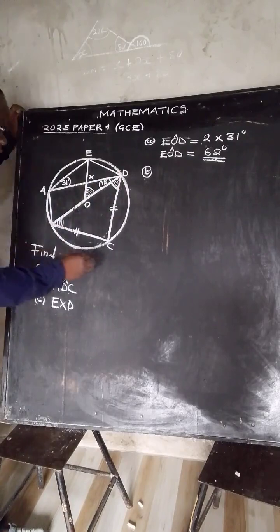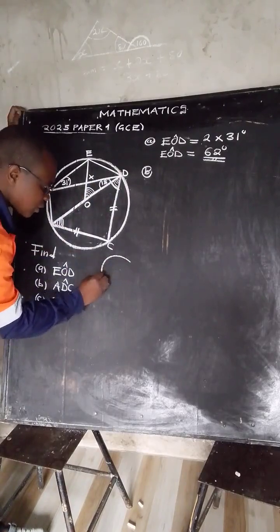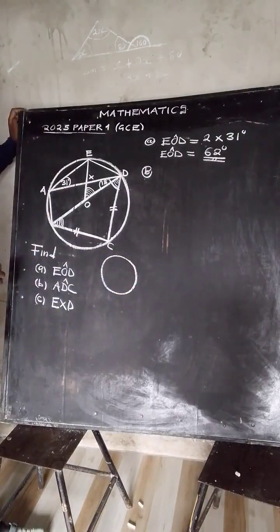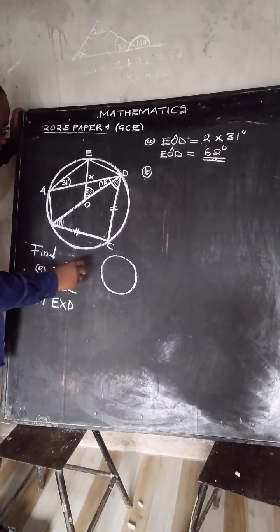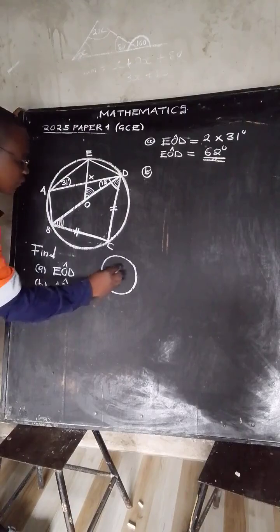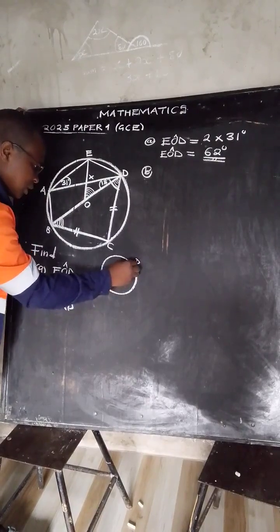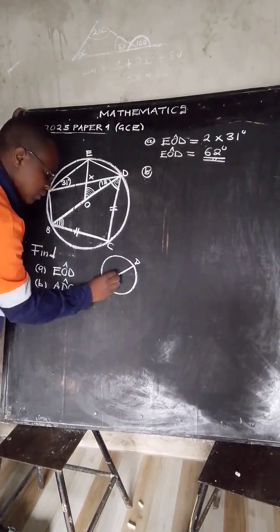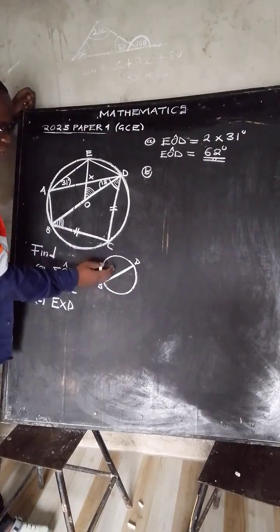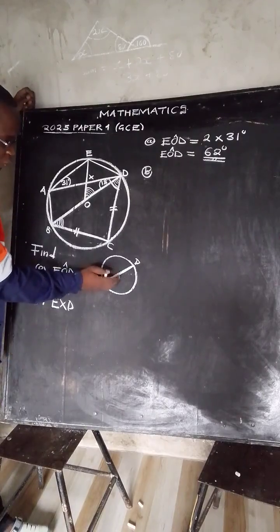There is a property which states that if you have a circle like this, and let's say this is point B and then D, then this line is a diameter, which cuts the circle into two semicircles.